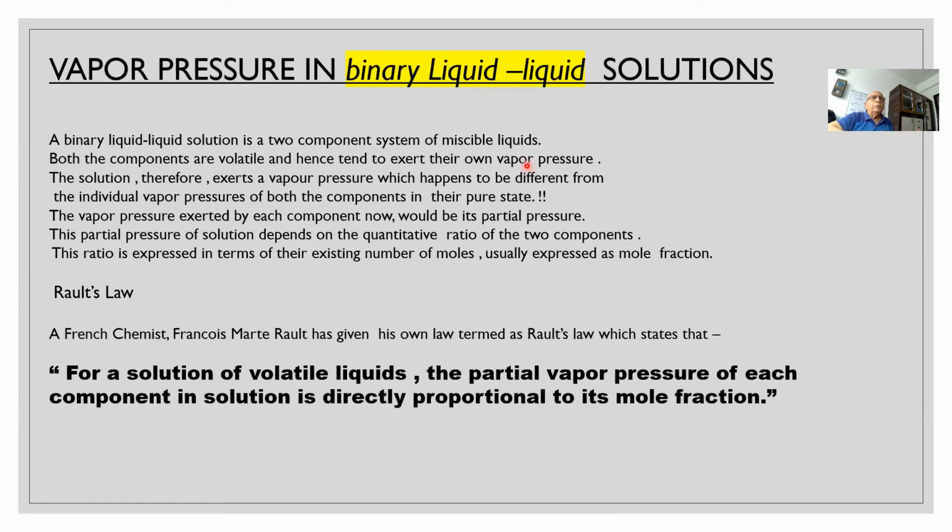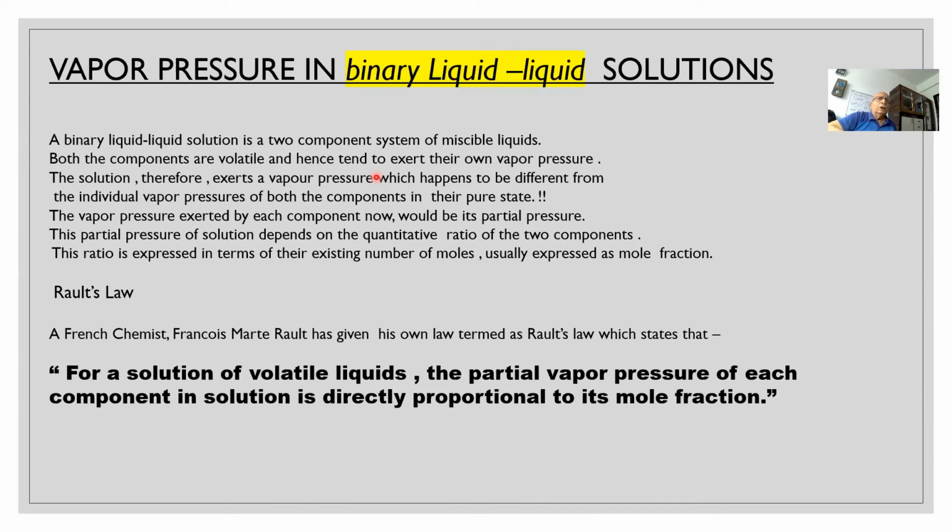One liquid may have a certain vapor pressure, the other liquid might have its own vapor pressure. And as we know, it depends upon the characteristics of the liquid. So the vapor pressure of the solution is different from the vapor pressure of the liquids mixed, in the pure state.